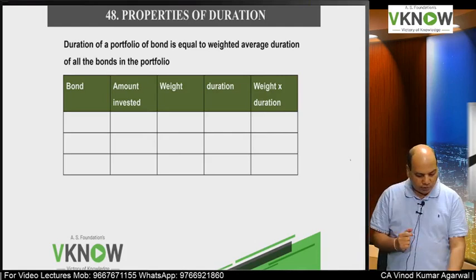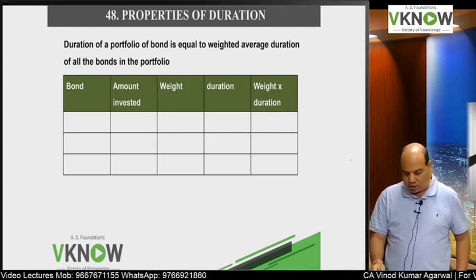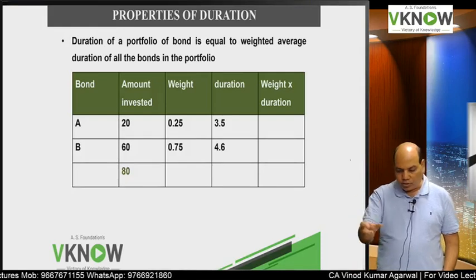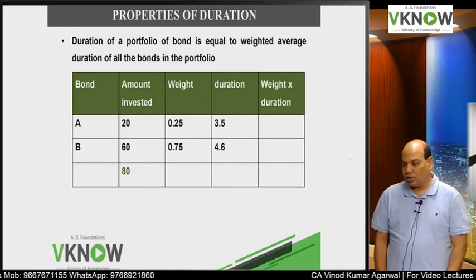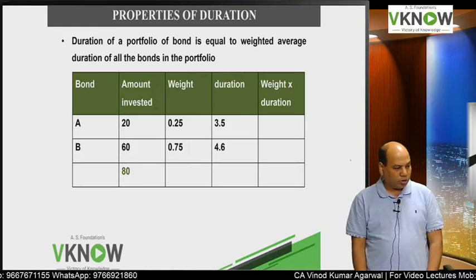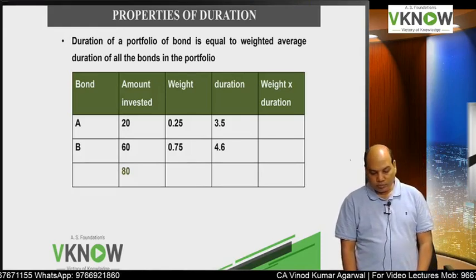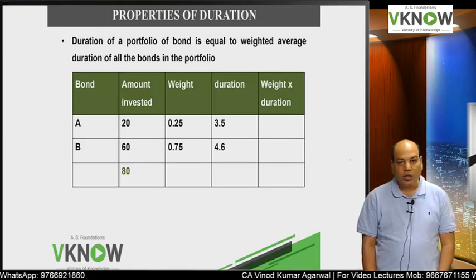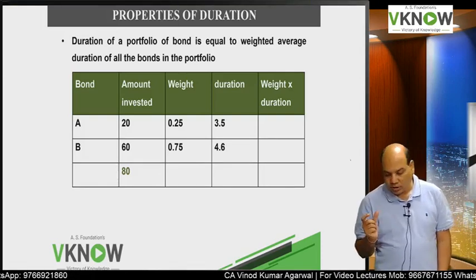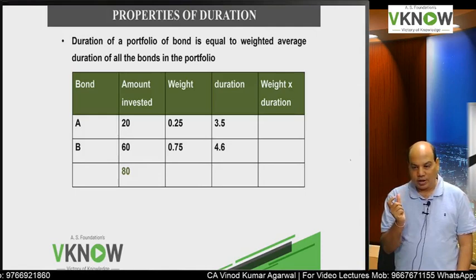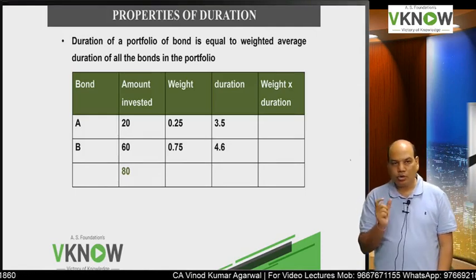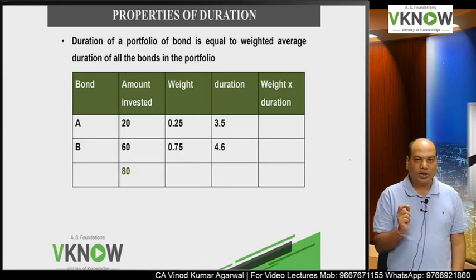Okay. So I will give you one example. Print in your book question number 48. First you write down these details. Write down in your book bond A, bond B, and in bond A we have invested 20 lakh. In bond B we have invested 60 lakh. Total investment is 80 lakh.